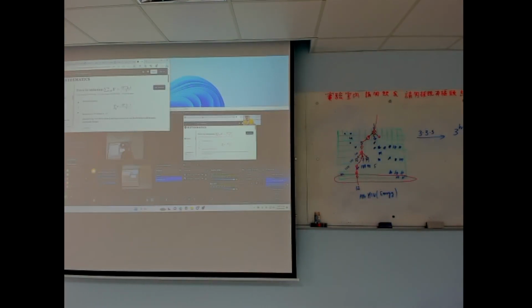It's 3 to the power of n plus 1 minus 1 divided by 2. So n equals 1, and then it will go to 2.